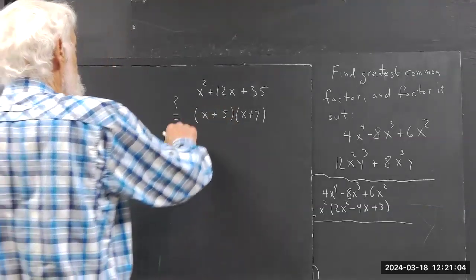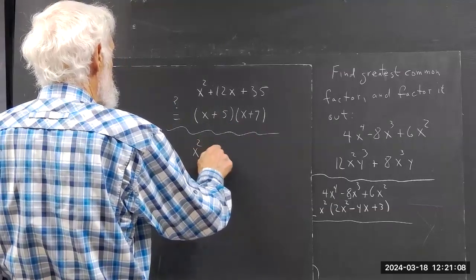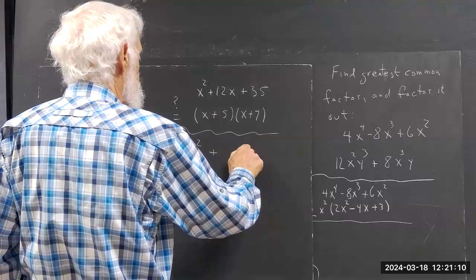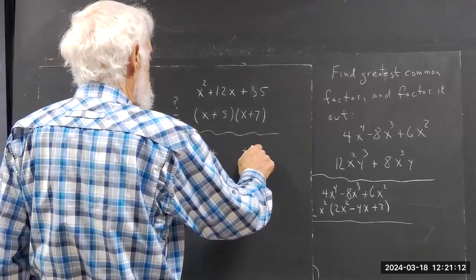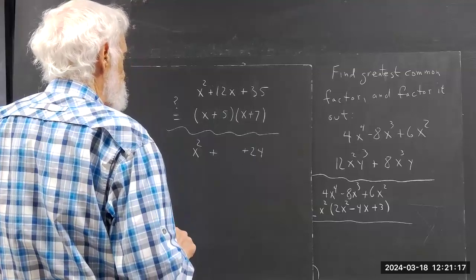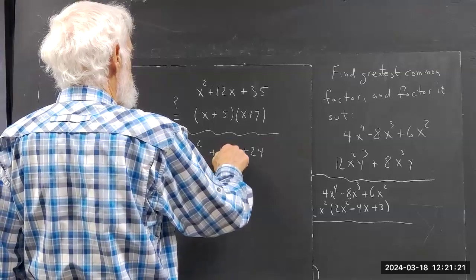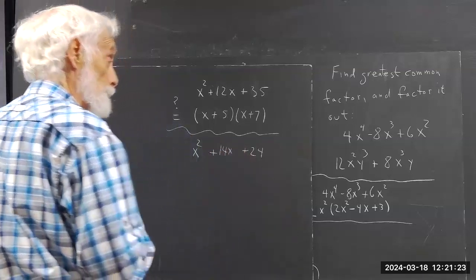Many times there are many possible ways. Let's say we have x squared plus some number times x plus 24. Let's say this is 14x.